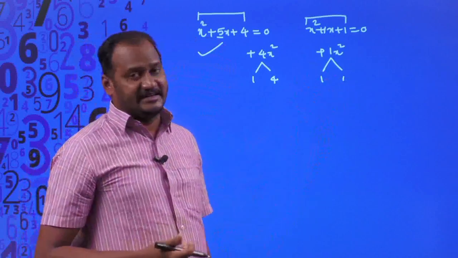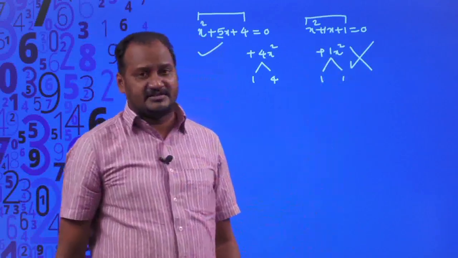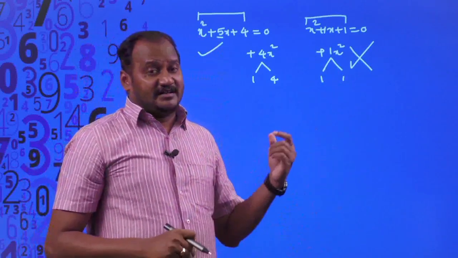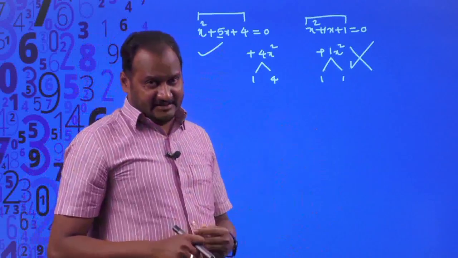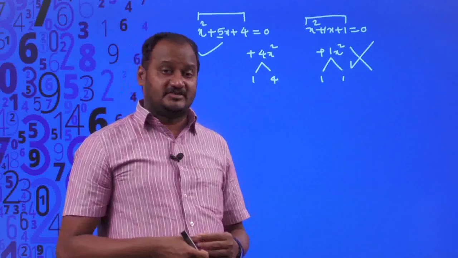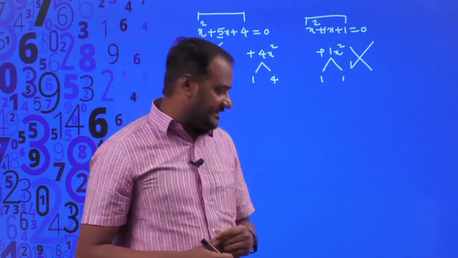So it means that it is not possible to factorize this kind of quadratic equation by the splitting middle term method or factorization method. So is there any other method to find the roots of a given quadratic equation? Let us try to understand this.